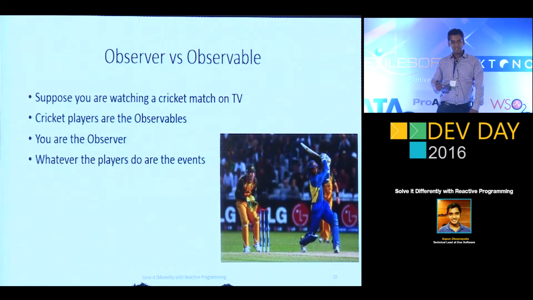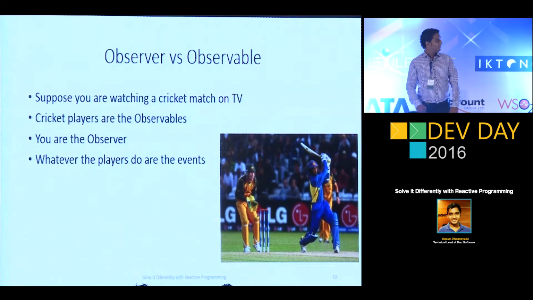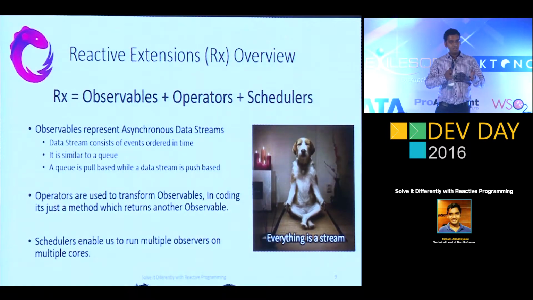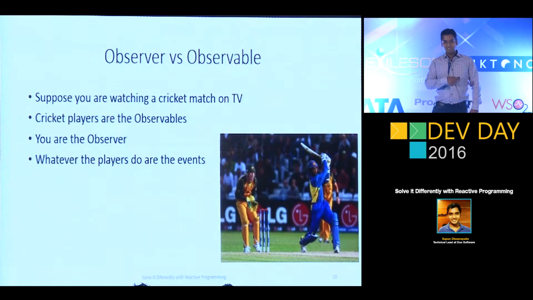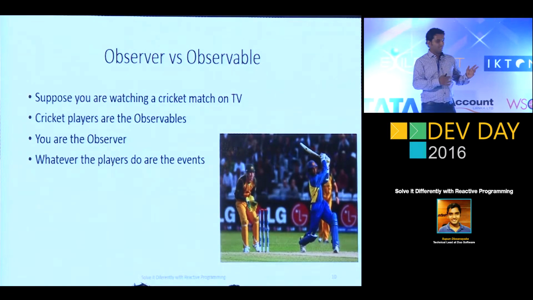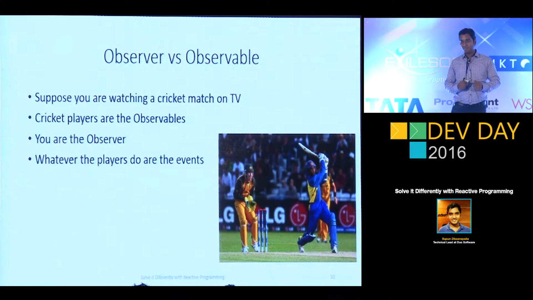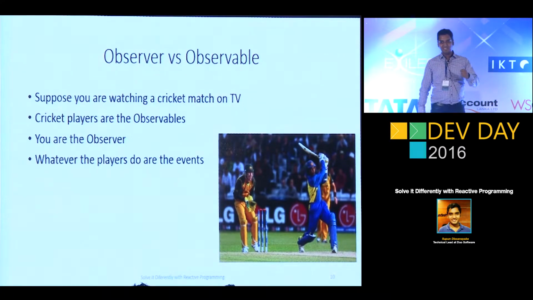There's another concept called the observer. As I mentioned, the main building block of Reactive Extensions is the observable. Take this cricket match as an example, and suppose you are watching it on TV. These players are like observables, and whatever the players do are events. Let's say a player hits a four and you start cheering; the cheering is a reaction.